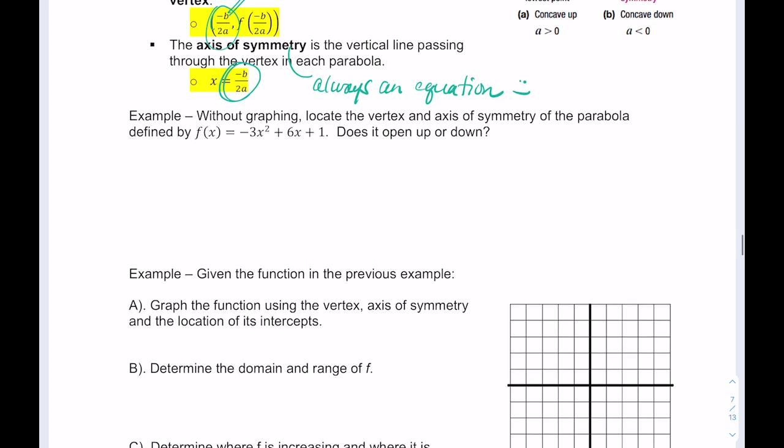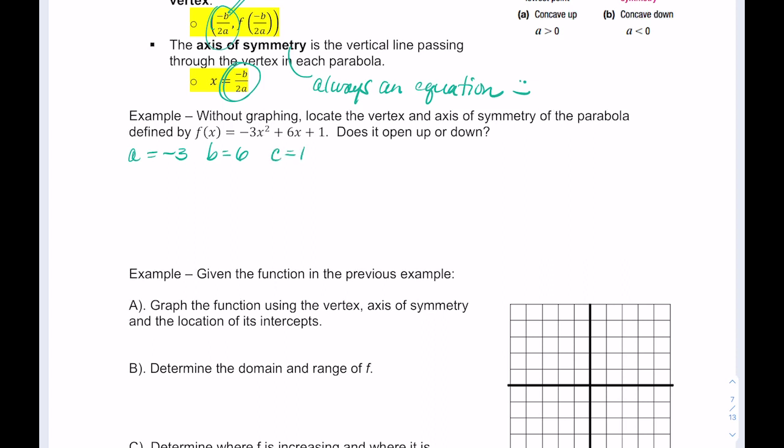So let's take a look at this first equation, which is f of x equals negative 3x squared plus 6x plus 1. And without graphing, we want to locate the vertex and the axis of symmetry, and does it open up or down? So if you remember, the a value determines if it's up or down. And a here is negative 3, b is 6, and c is 1.